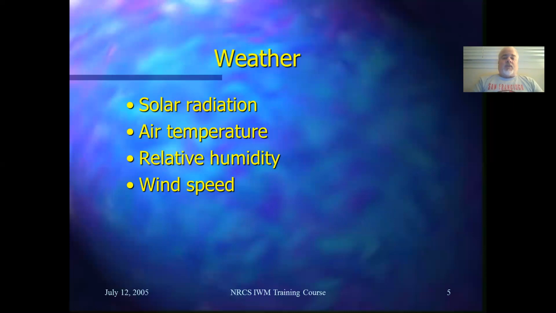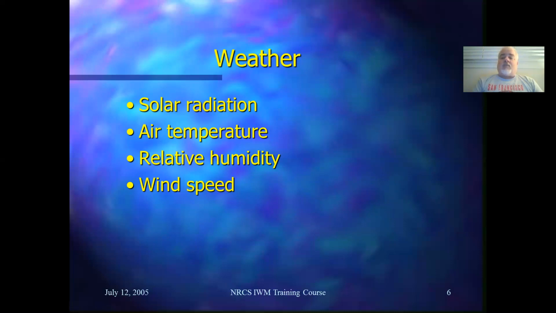So weather, the main ones, as I mentioned a moment ago: solar radiation, a measure of how much sun is hitting. We don't have to look at all of the solar radiation characteristics, which would include how cloudy it is. If we're just measuring how much sun is hitting, cloudiness is going to directly impact that.